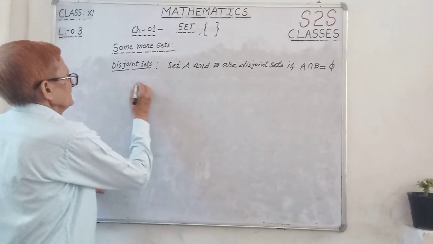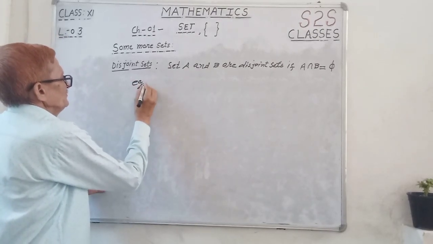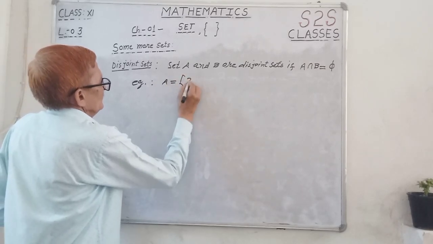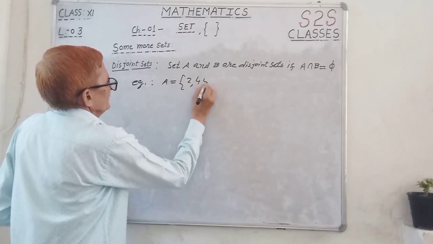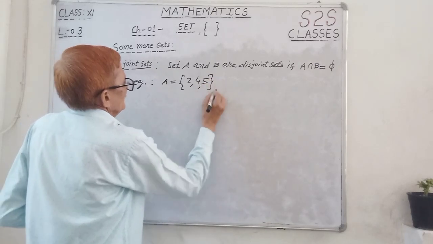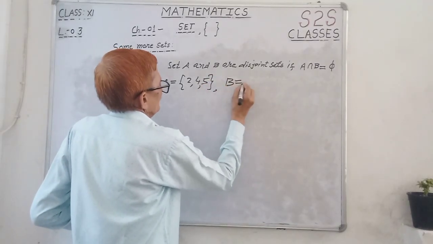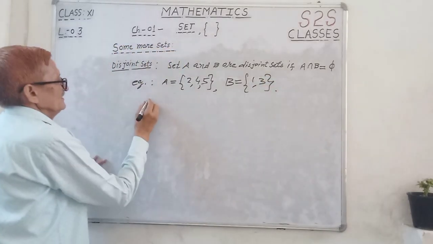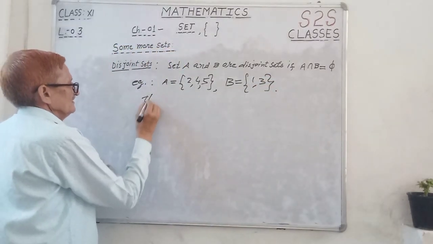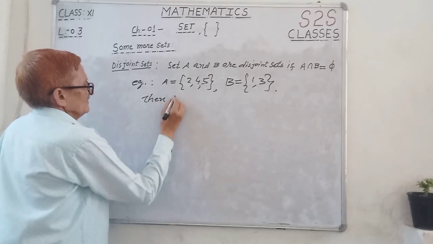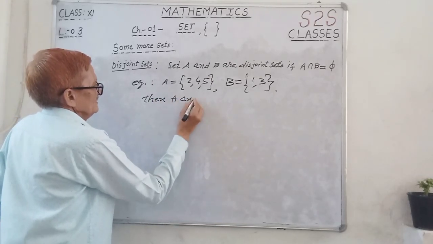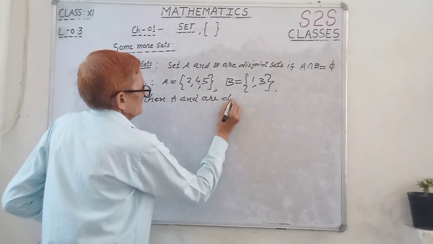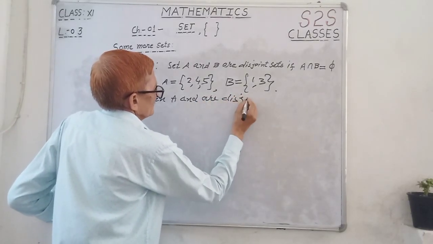So like that, a simple example. If A equal to 2, 4, 5 and B equal to 1, 3, then A and B are disjoint sets. Okay, clear?